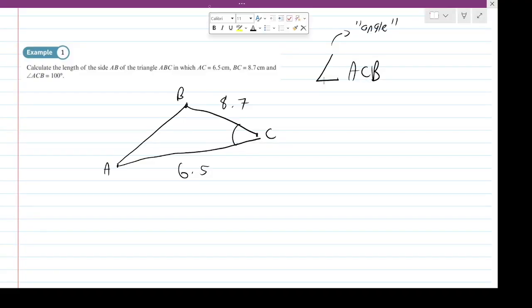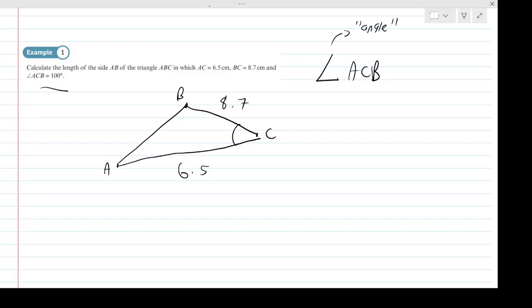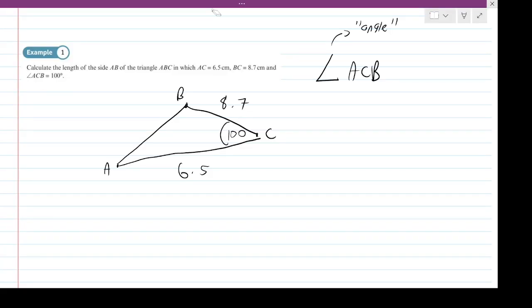So that's how we express angles. This pointy nose shape means angle, and we label the 3 points in alphabetical order, but the point in the middle must always be where the angle's at. Anyway, so at C, we're told the angle is 100 degrees.